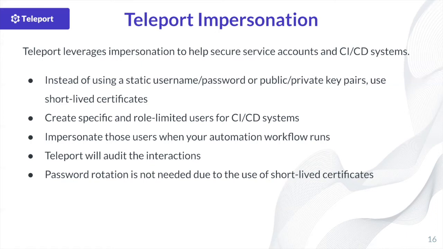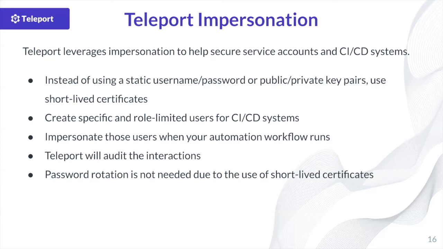We're going to use short-lived certificates. Then we're going to create specific and role-limited users for these systems. So again, using RBAC, we're not going to grant this CI/CD the keys to the kingdom. We're going to give them very specific and limited information. So if there is a potential compromise, the damage vector will be very small because it's limited based on that role. So we're going to impersonate these users when our automation workflow runs.